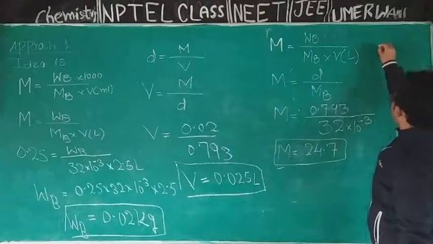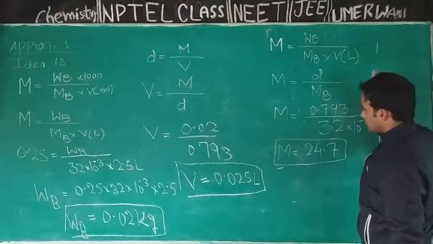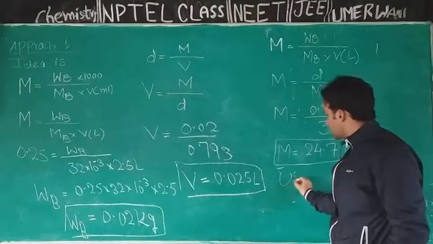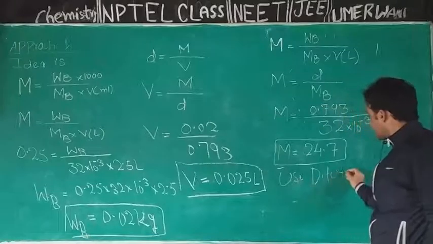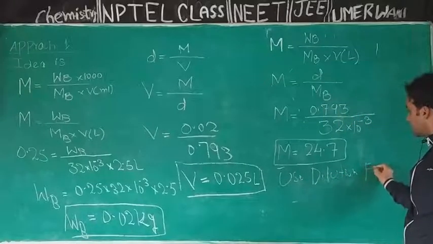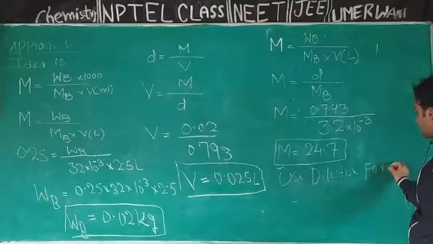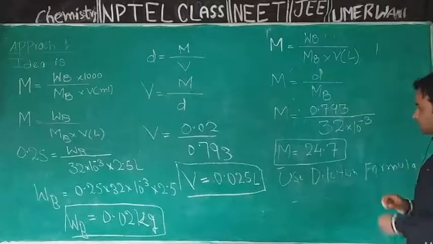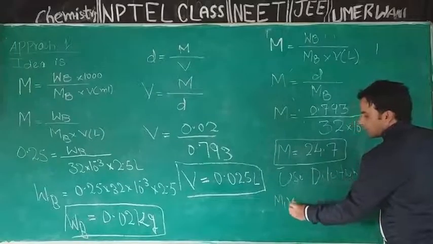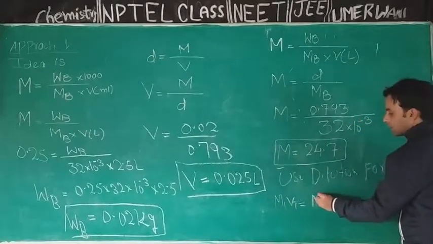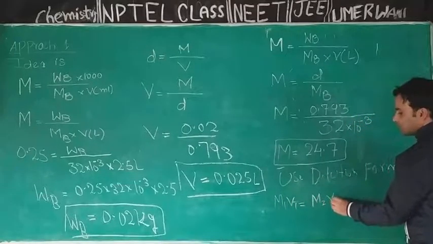Now I will use the dilution formula. Dilution formula is M1 V1 is equal to M2 V2.